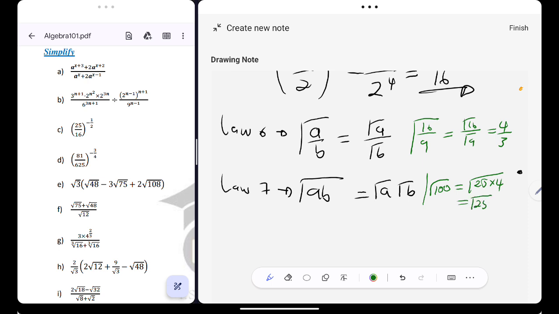I just separated the two things which are multiplying under one square root. Can you see that? The square root of 25 is 5, the square root of 4 is 2. Then I'll get 10.